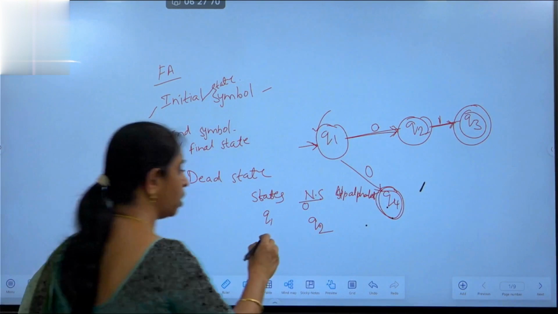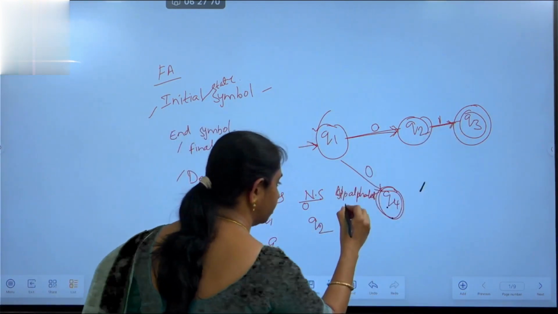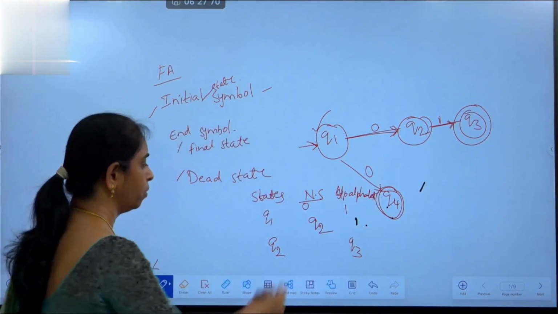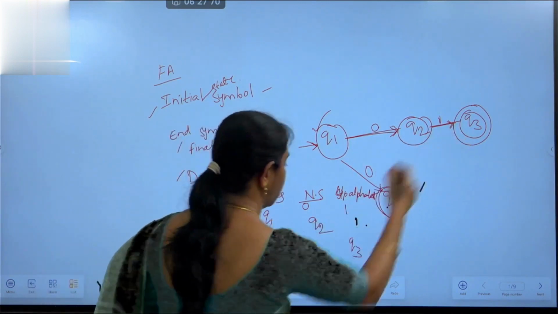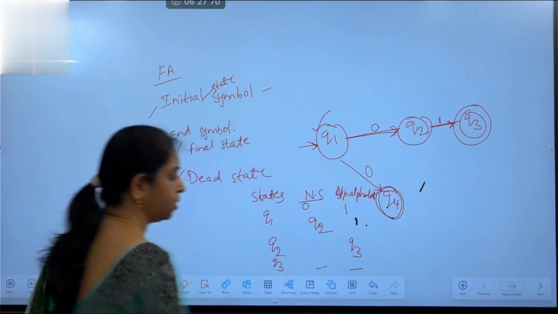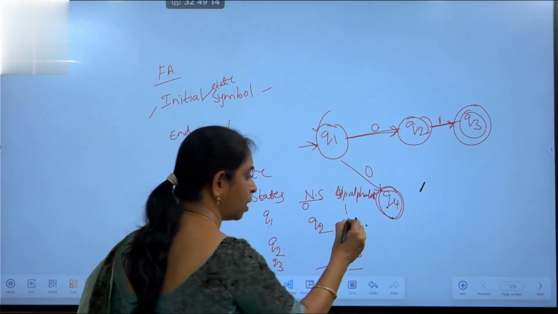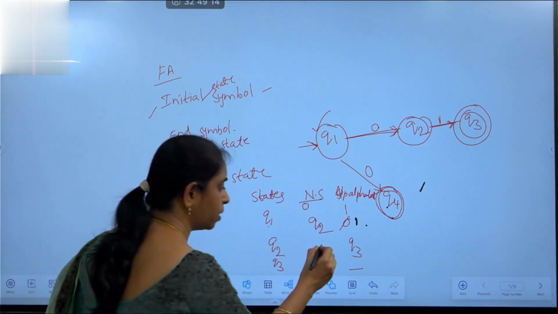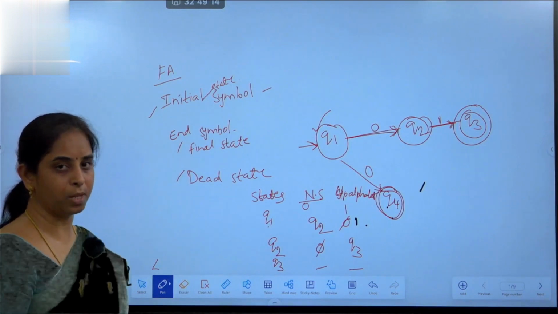At state Q2, on input alphabet 1, the next state is Q3. Whenever we are at Q3, we are not going to other states, so we give it as epsilon. Q1 on input alphabet 1, we don't have anything; Q2 on input alphabet 0, we don't have anything, so we call it the phi state.